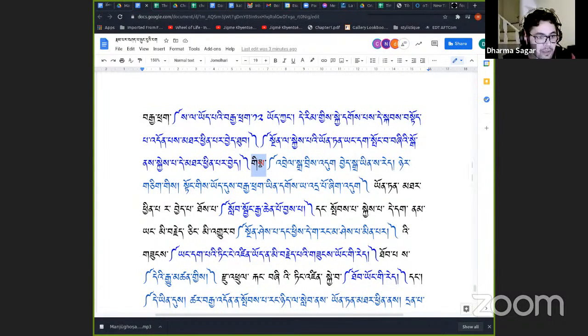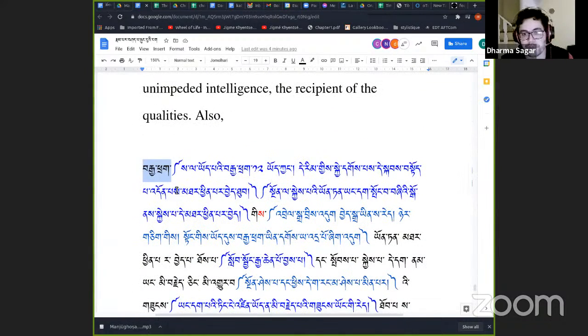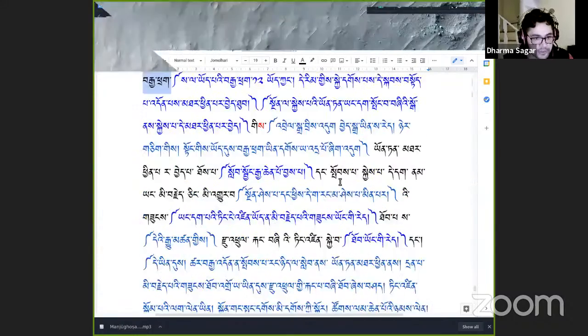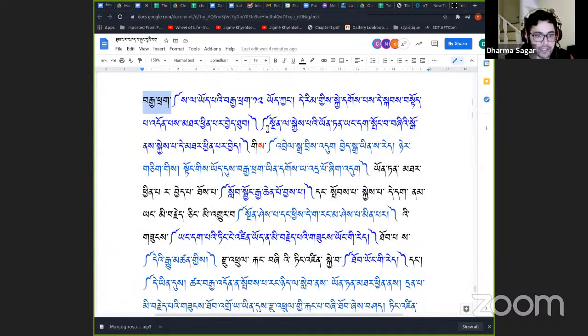Doesn't really matter. So here, the Kempo himself started using it as if it was referring to reciting 100 times. After that, when he went through all the paragraphs, he came back and said that actually, in the original text, we have only this.